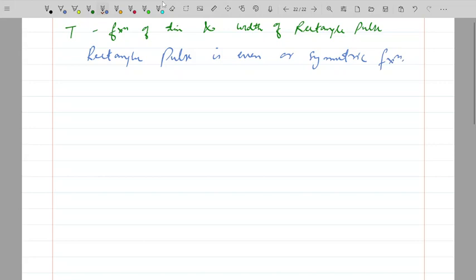If I ask you what is the odd or antisymmetric function, in the previous video, if you see it, then I think you know the signum function, that is the odd or antisymmetric function, and this rectangular pulse is the even or symmetric function.